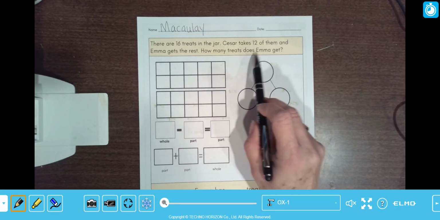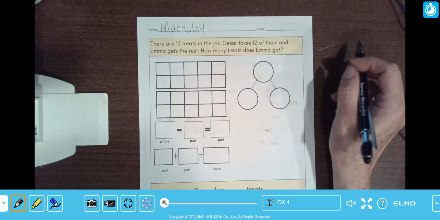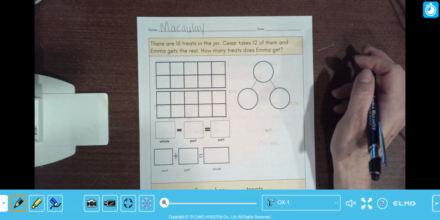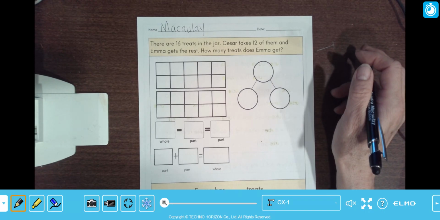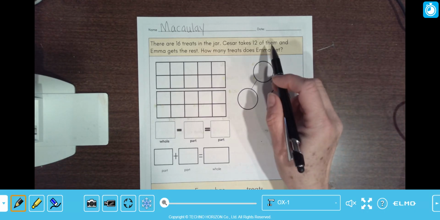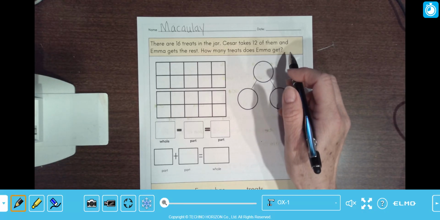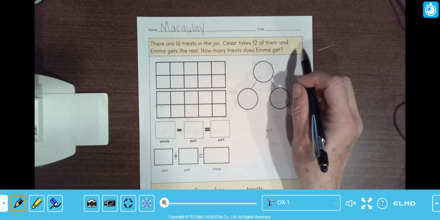How many treats does Emma get? Okay, so what's happening with Caesar and Emma? Well, Caesar and Emma have treats from a jar. That's what's happening.